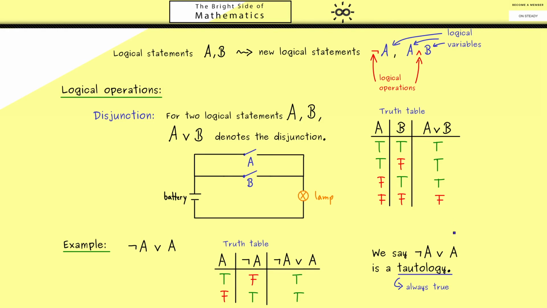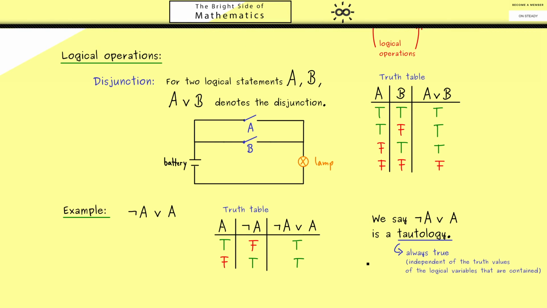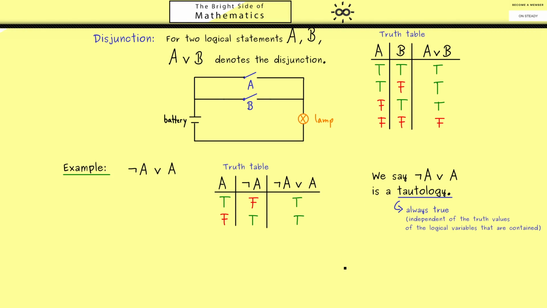So it's a combination of logical operations and logical variables that is always true, no matter what the truth values are of the logical variables that are contained in the formula. Of course, this was a simple example. You could have many different logical variables in the formula, but then the truth table would be much bigger.